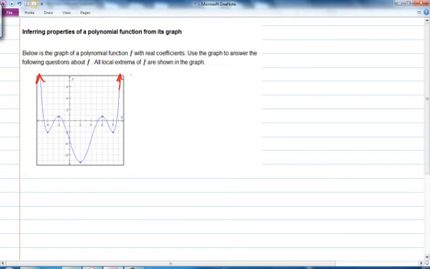So that tells me it's got to be an even degree, so that means the highest power has got to be a 2, a 4, a 6, an 8, or a 10. Odd degree, by the way, would be either leaving down or up, or vice versa, going up or down. Then it would be an odd power, the highest power on the variable x.